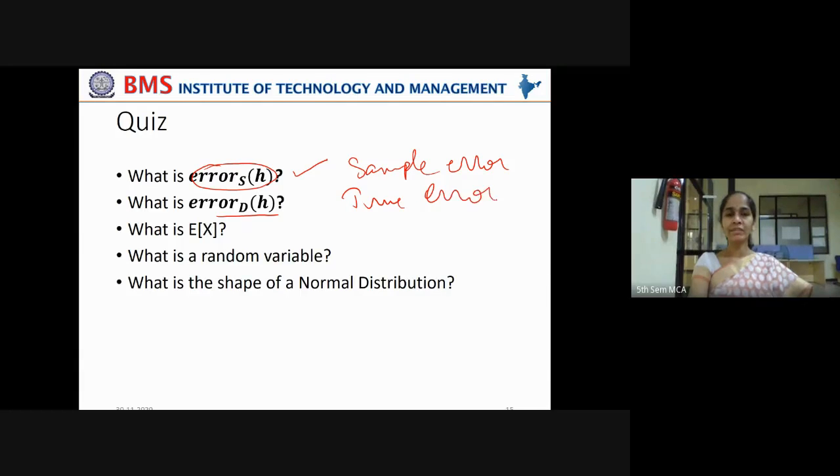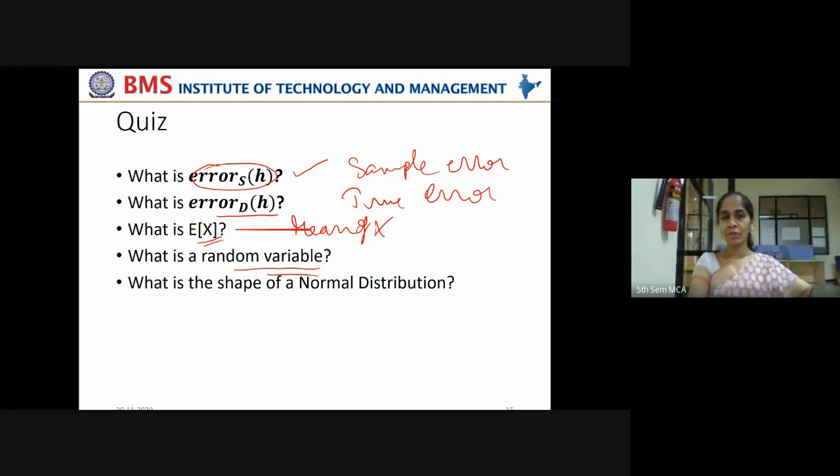What is E of X? When X is a random variable, what is E of X? It is the expected value of X. It is nothing but the mean of X, the average of X. Whatever values X assumes, take the average of them, that is E of X. What is a random variable?